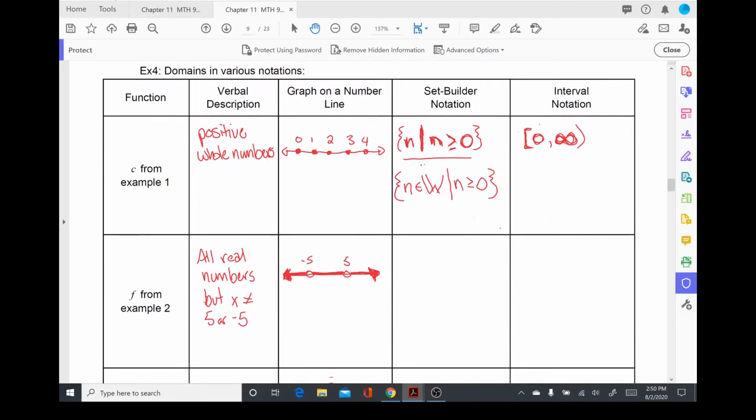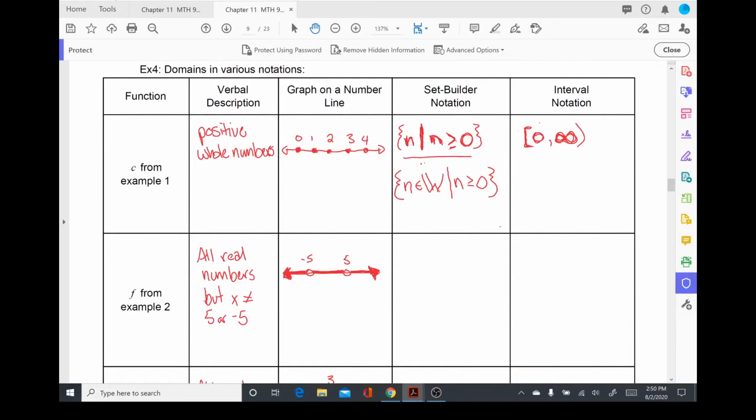Okay. Set builder notation for this one, we had x's, so the set of x's such that, and that's allowing x to be anything, so we'll say x cannot equal 5, we'll just use a comma, or -5. Interval notation, we can describe the 3 intervals on the number line.